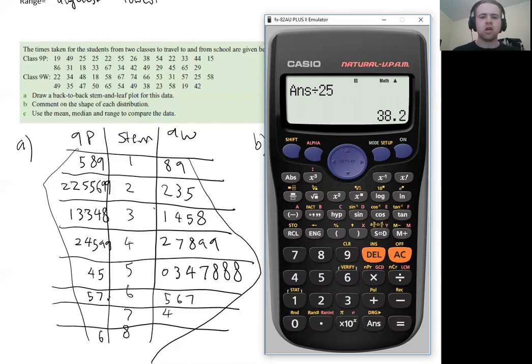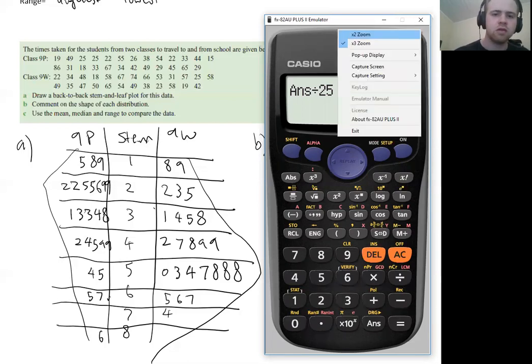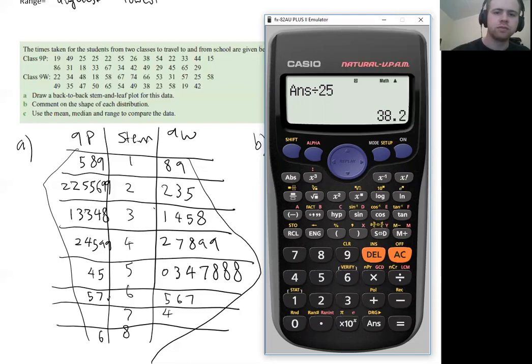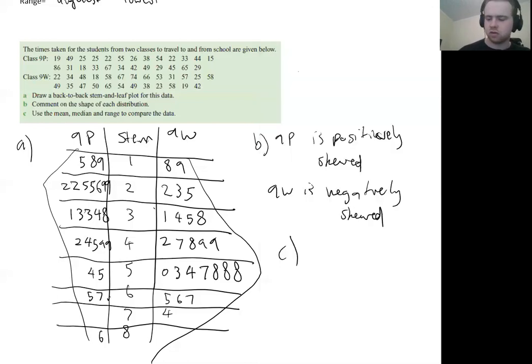Now, I'm not going to go through this all again, calculate this all, but we'll just discuss the median and the range. So for 9P, the mean was 38.2. The median was, so we need to count, if we've got 25 data points, the middle data point is going to be the 13th point.